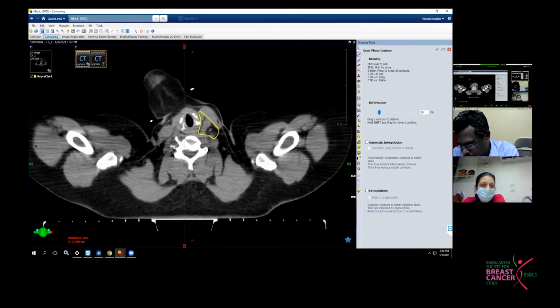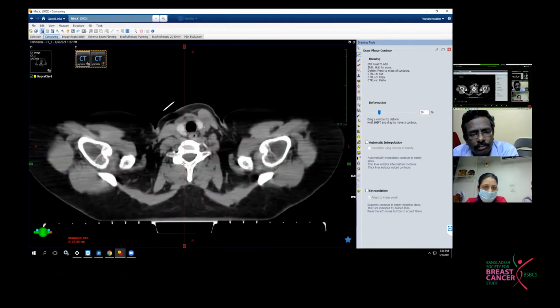So I will continue like this from cranial to caudal border. So we are at the cranial border. Let us go till the caudal border. I will go down directly to the caudal border. Yeah, you scroll through and take us to the caudal end.